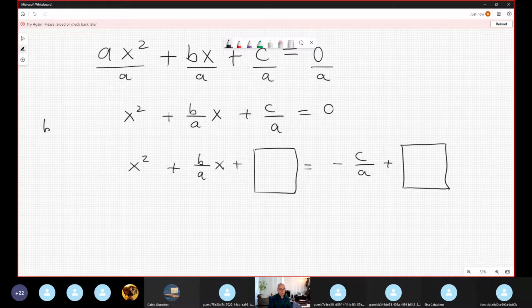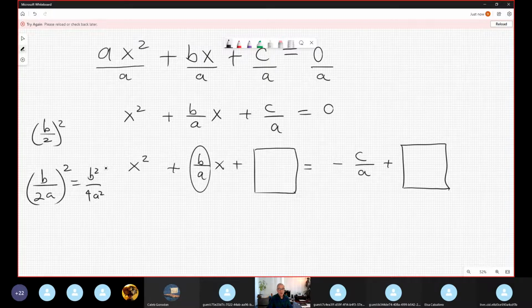The formula says b over 2 squared. Actually it's b, but b is this in this example: b over a. Entonces b over 2a squared. And by the way, it is b squared over 4a squared. So the magic number is b squared over 4a squared. Do you follow me?